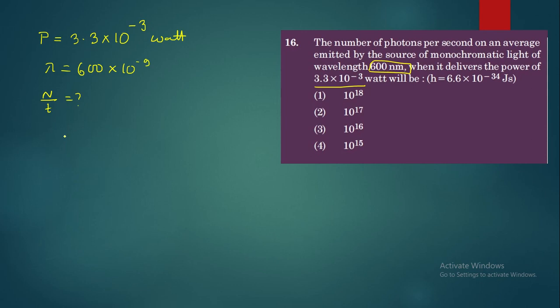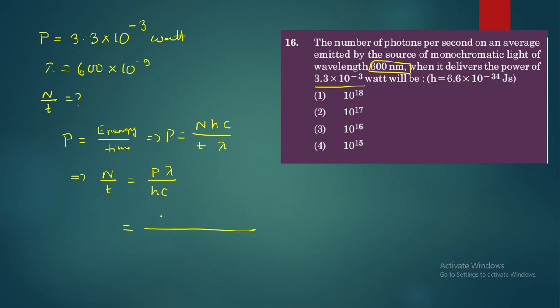Well, first let's write down the power. Power means energy divided by time. What is the energy of the photon? hc by lambda is the energy of one photon. So from here, n by t is equal to P lambda by hc. Let me put the values now. P is 3.3 into 10 power minus 3.